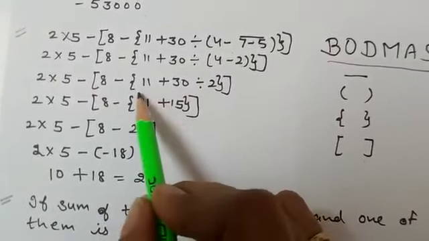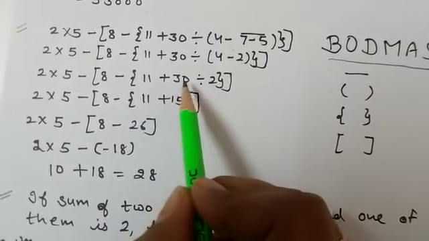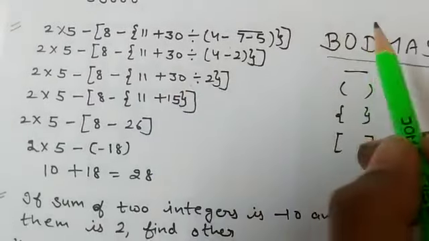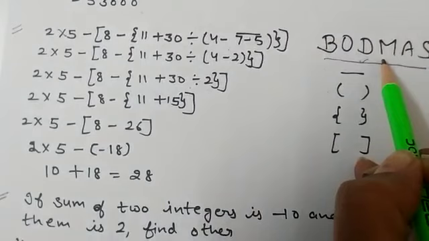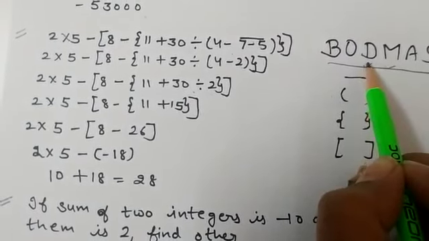And in this curly bracket we have two operations, plus and minus. So first of all we solve the division, then multiplication.